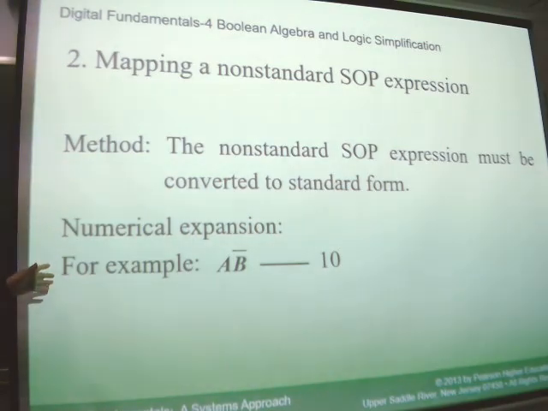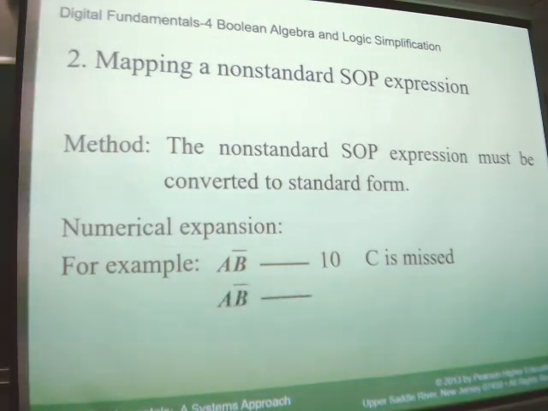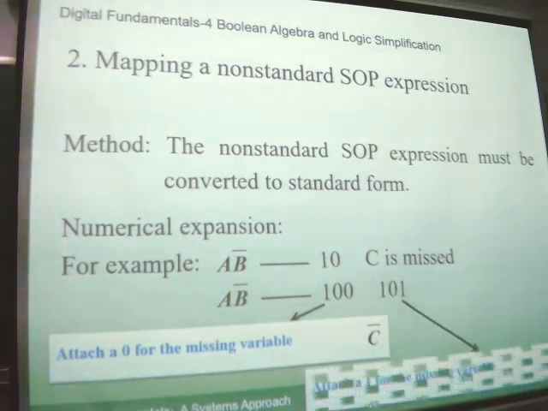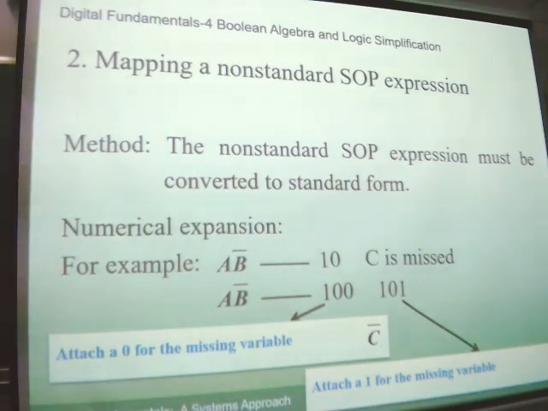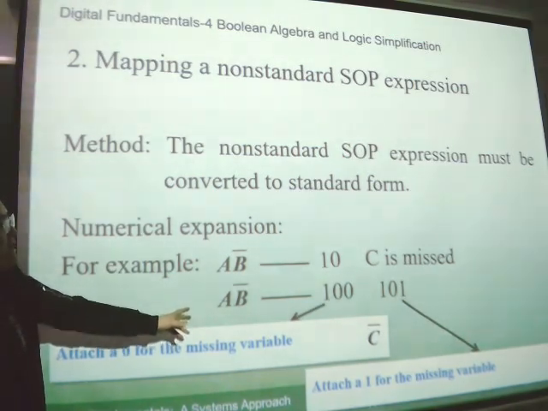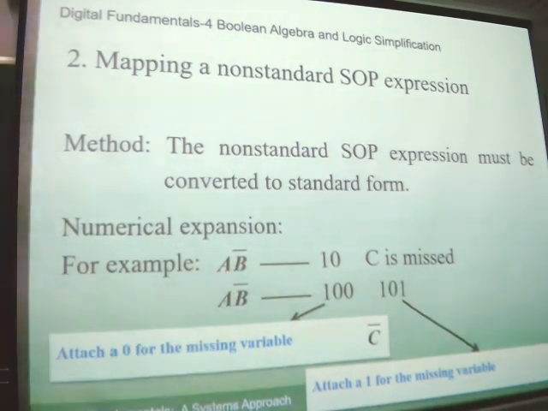If there are three variables in the domain, then C is missing, so we must convert it to standard SOP form. The standard SOP form is A B bar C plus A B bar C bar. So there are two standard product terms for this product term.